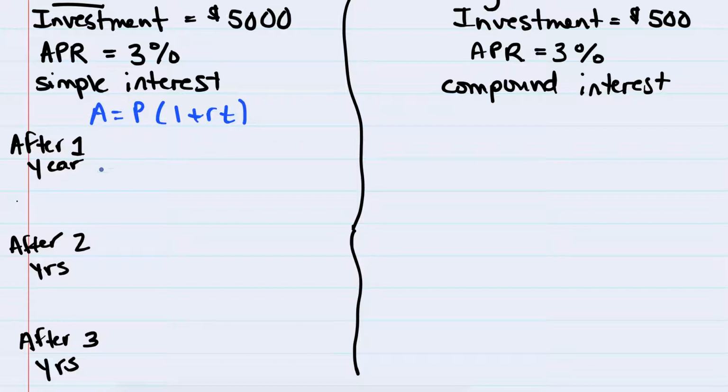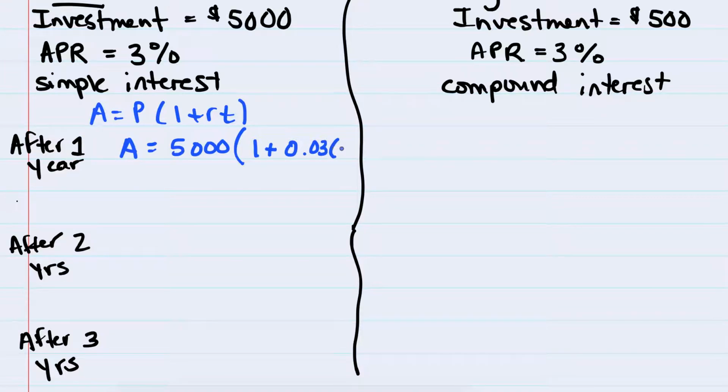So what you're going to do to figure out how much money he has after 1 year, you're going to say A, because that's what we're looking for. The accumulated balance is P. P is our investment, which is $5,000, times 1 plus the rate, but you're going to write the rate as a decimal, 0.03, times the time in years.